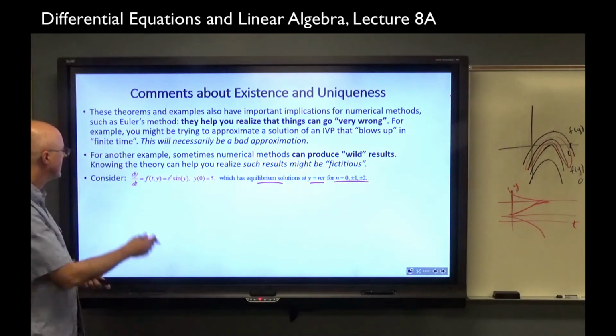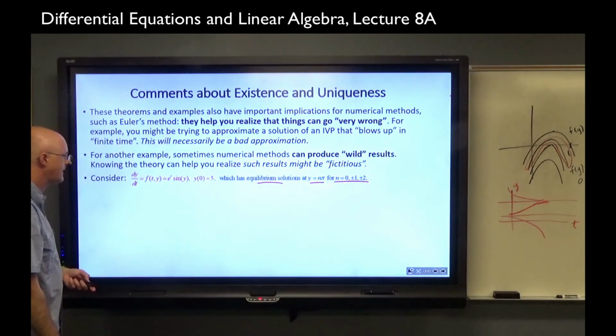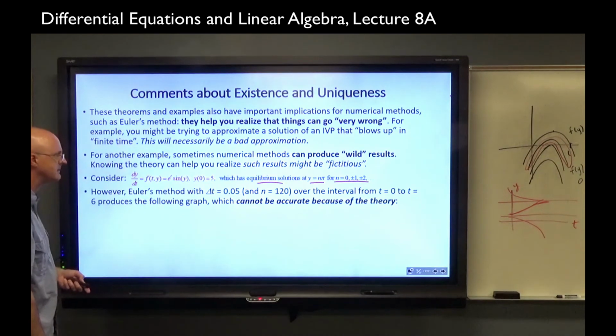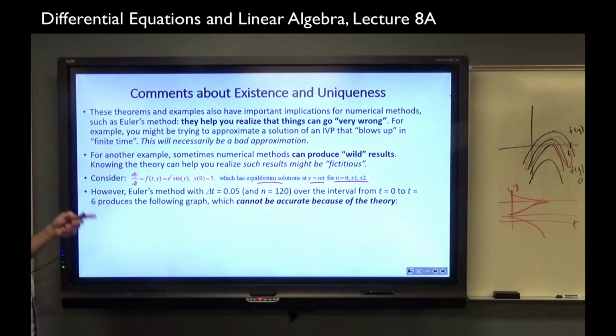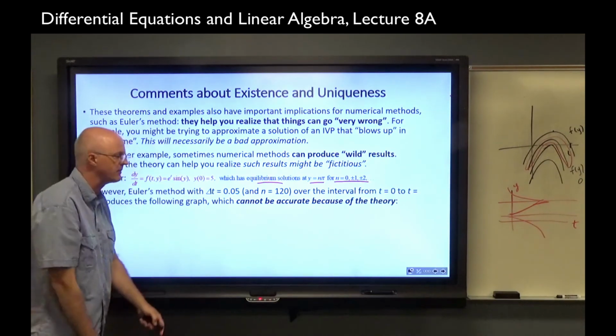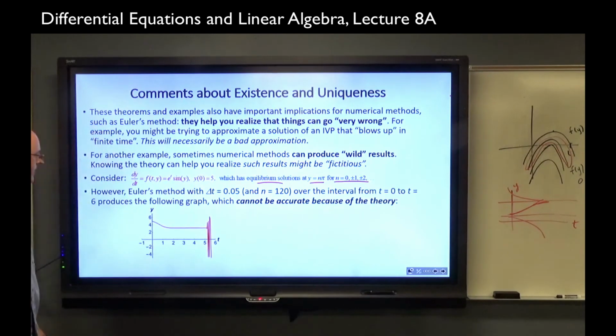What happens when you try to apply Euler's method to this? I picked, as the textbook does, delta t to be 0.05 and n to be 120. So we are approximating over the interval from 0 to 6, 6 being 0.05 times 120. You get the following graph, which cannot possibly be accurate because we know where the equilibrium solutions are. Here's what the graph looks like.